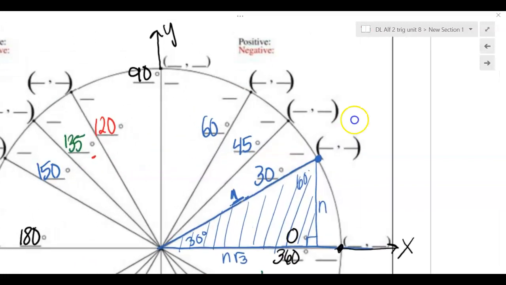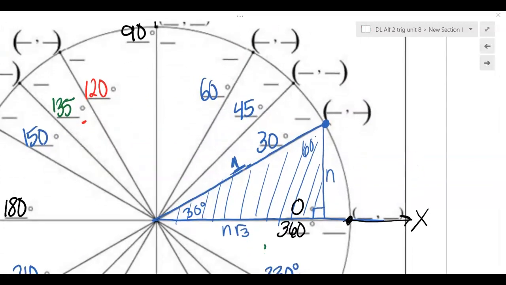In my triangle right here, if I know the hypotenuse is 1, I know that the short leg is 1/2 and that the other leg is rad 3 over 2. So why does this matter in your circle? It matters because this position that we're naming right here can be named two different ways. One way is by the angle, the 30-degree marker, which you've put right here.